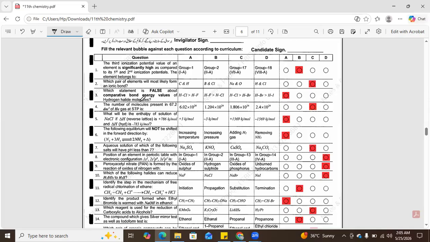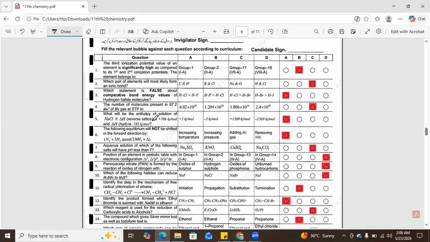Which statement is false about comparative bond energy values of hydrogen halide molecules? This is false about comparative bond energy. The number of molecules present in 67.2 decimeter cube of He gas at STP is, C is the right answer, 1.806 into 10 power 24.